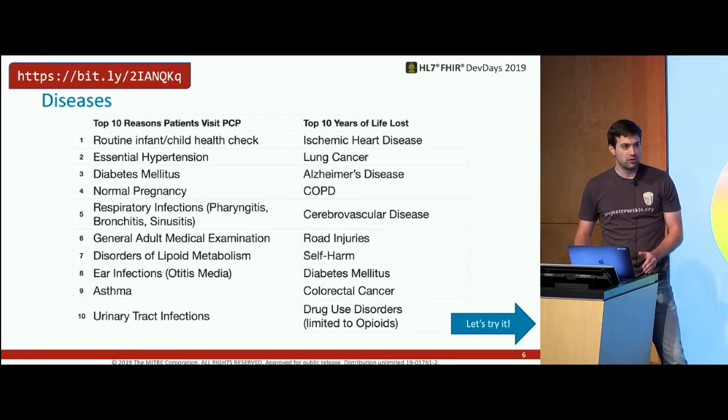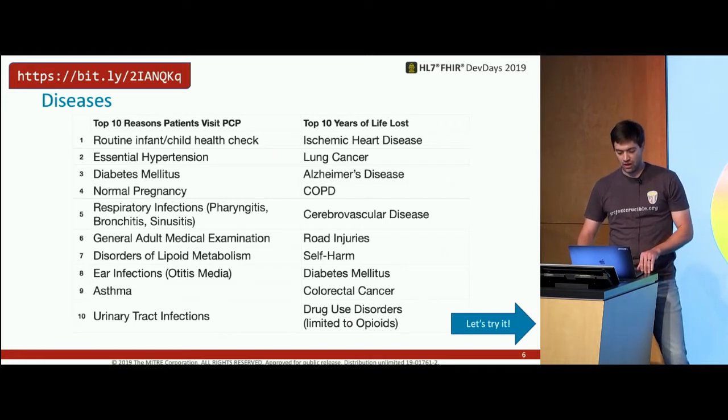Just the reason people go every day to see a doctor. And then the top 10 years of life lost. So these are, in the United States, the chronic conditions that tend to cause disability or to cause death. So heart disease, lung cancer, Alzheimer's, things like that.